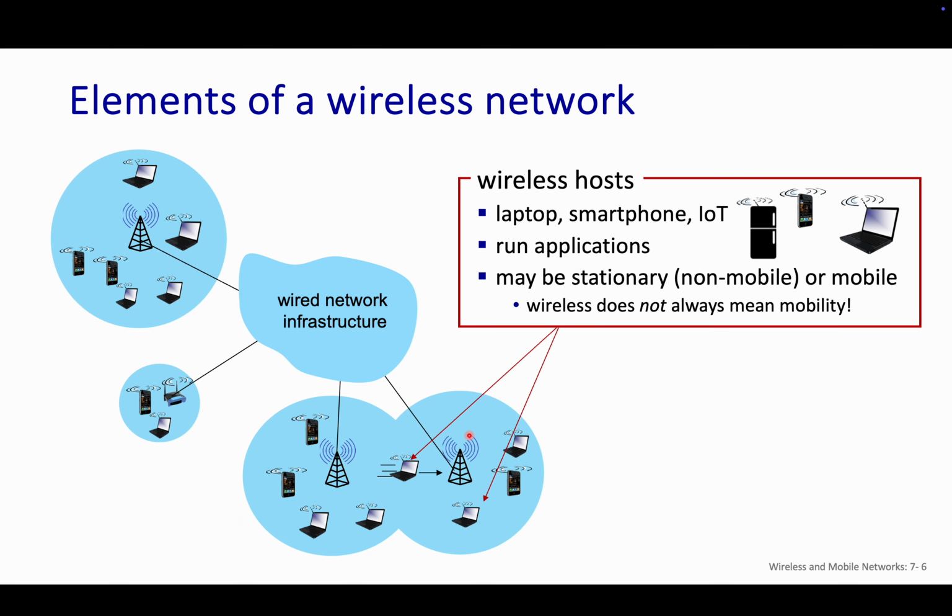So let's see. We have our end host, just like normal, network, wired or otherwise. They run applications. We have maybe a little bit more diversity of nodes in that we can have a little IoT sensor, we can have a smartphone, whereas wired you had to be plugged in, and so that's a little more cumbersome.